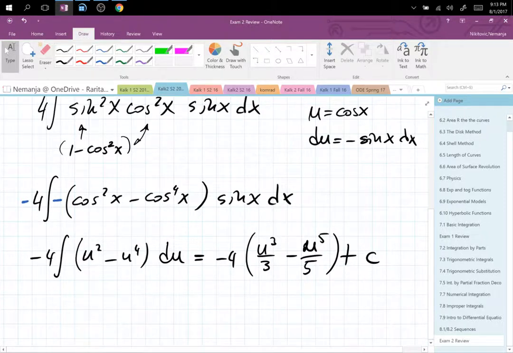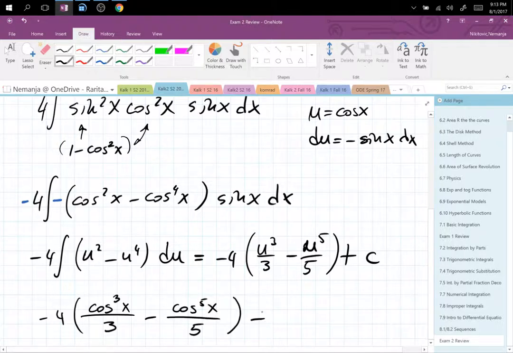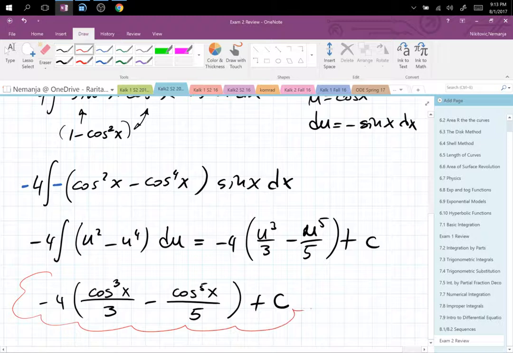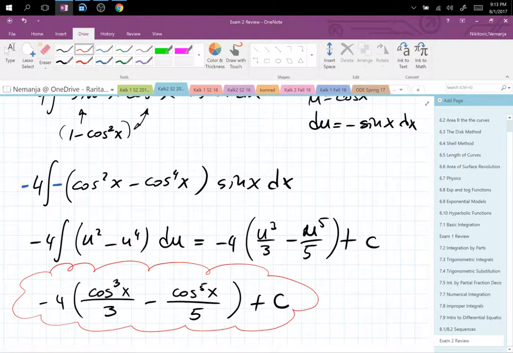And we bring back x, so negative 4 times cosine cubed x over 3 minus cosine to the 5th x over 5 plus c. Now you could distribute the negative 4, it's not important. That will be the answer for this particular integral.